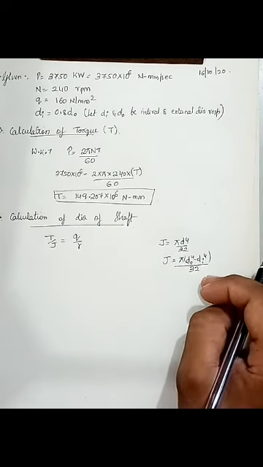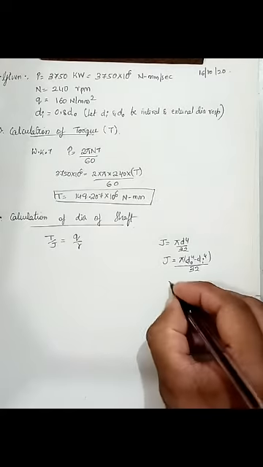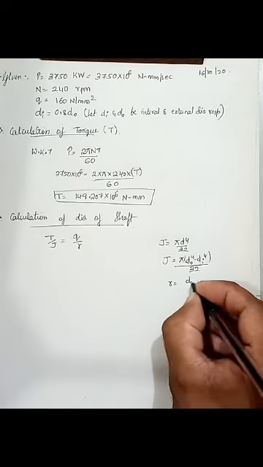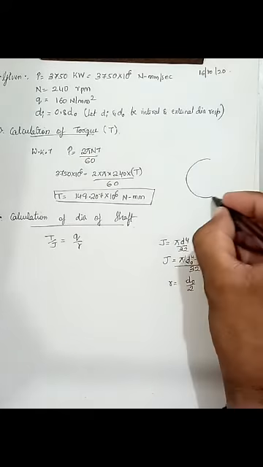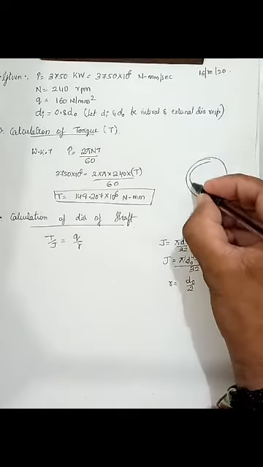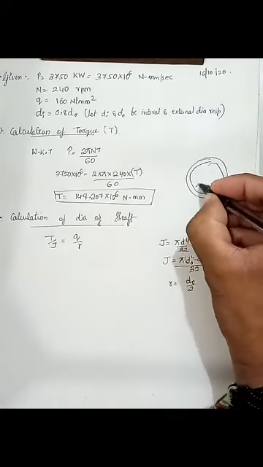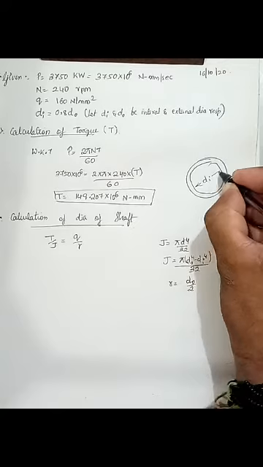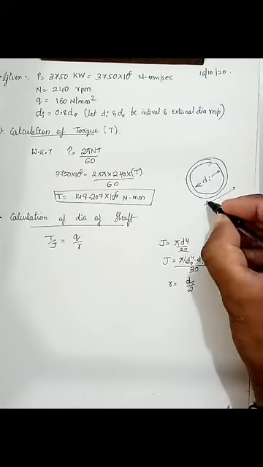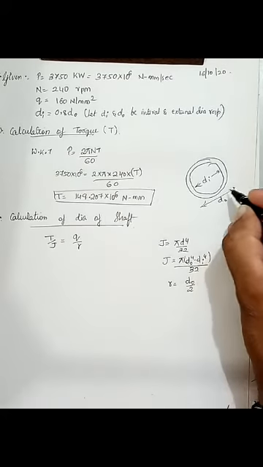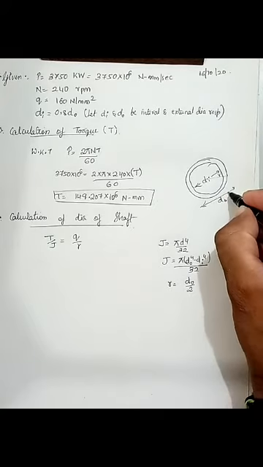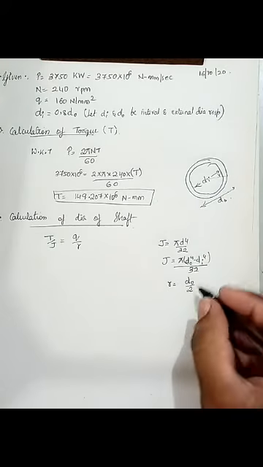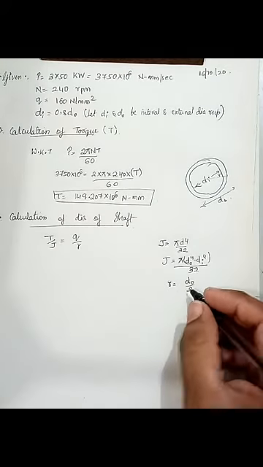Okay, and R is equal to do by 2, because you can draw this sketch, d internal, d external. So the radius from the center R is always d by 2, do the outer diameter by 2, so it's do by 2.